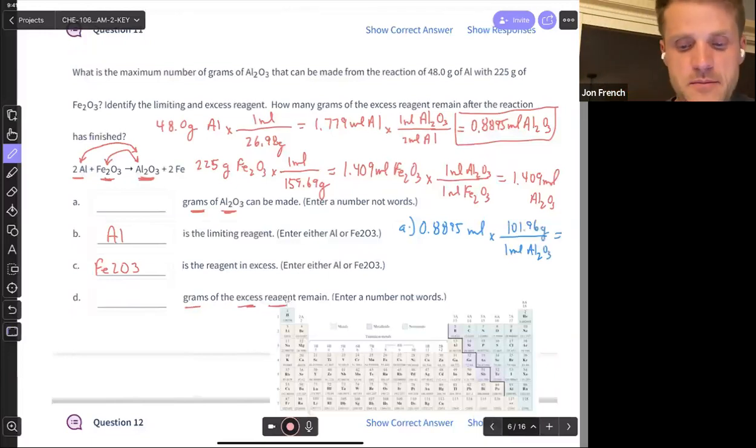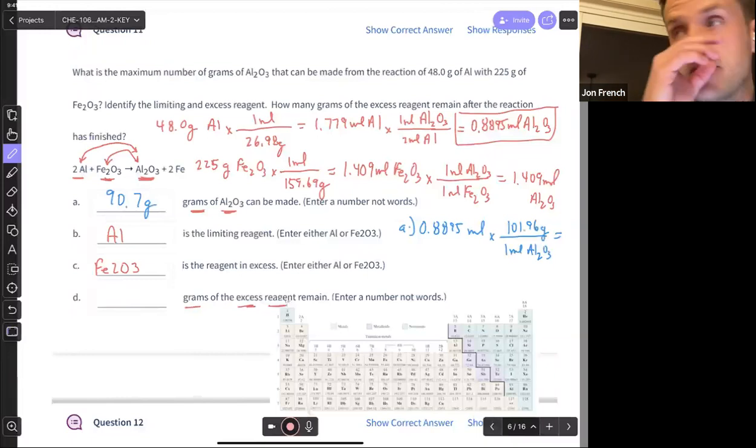So I multiply that by 101.96. All right, we get 90.7 grams of aluminum oxide that we can make. And then grams of excess reagent. So we need to say here, let's see.